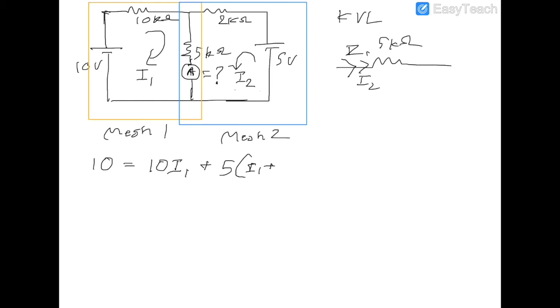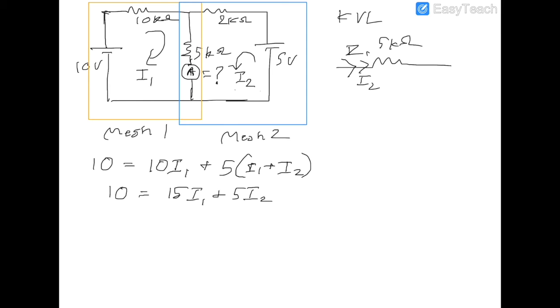So the potential drop across this would be 5 into I1 plus I2. All right. So let's go ahead and solve this equation. You would get 10 is equal to 15 times I1 plus 5 times I2.